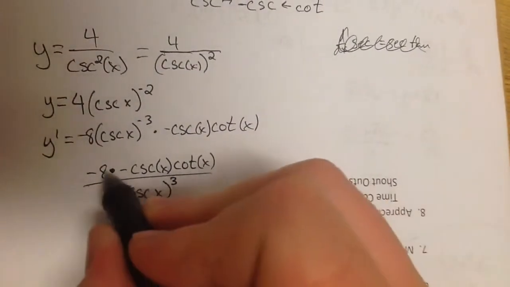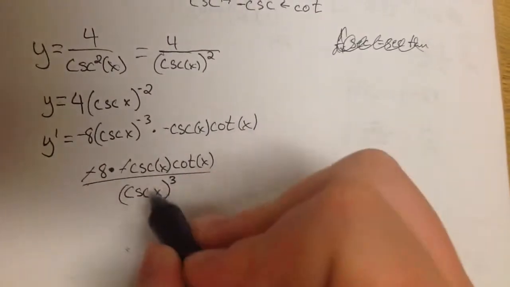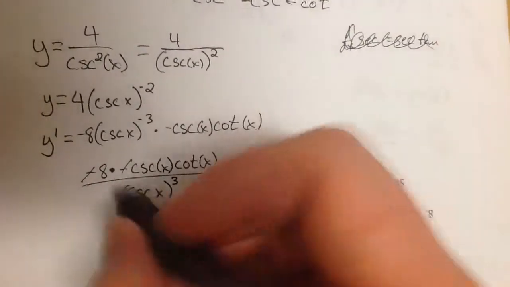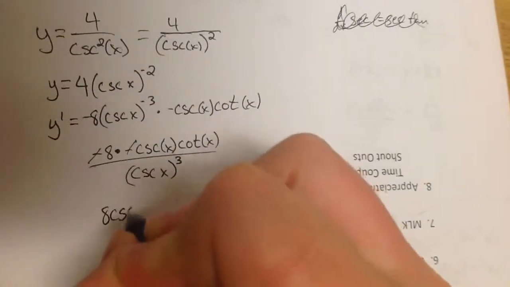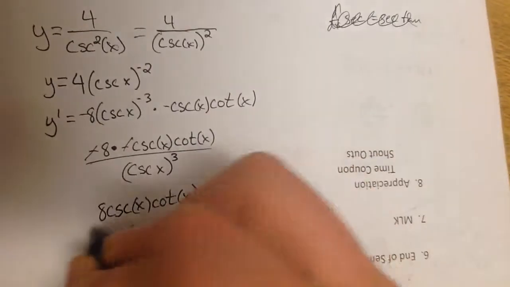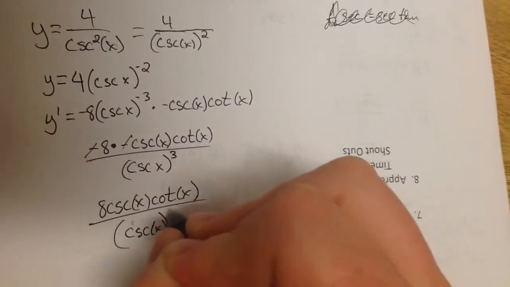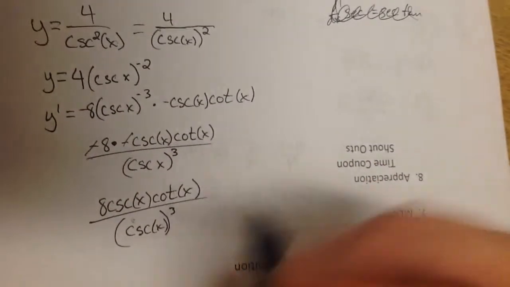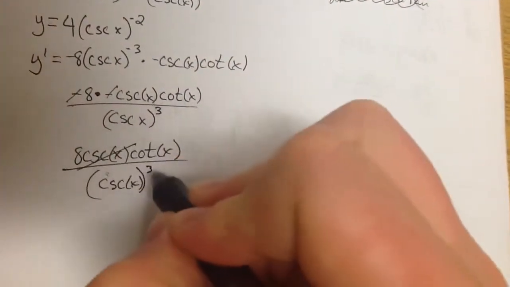Well, it's all multiplication, so I have negative 8 and a negative here, so that's just going to be positive 8. I'll rewrite it just so it's not confusing. So it's 8 cosecant of x cotangent of x over cosecant of x to the third. Sometimes I'm putting parentheses around that, sometimes I'm not. It doesn't matter. Well, I got cosecant on top, cosecant on bottom, so I can get rid of one of them.